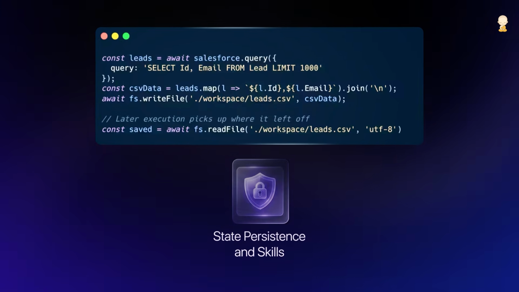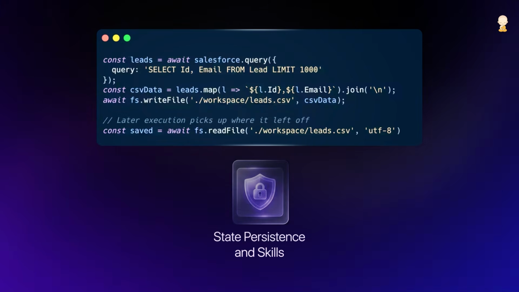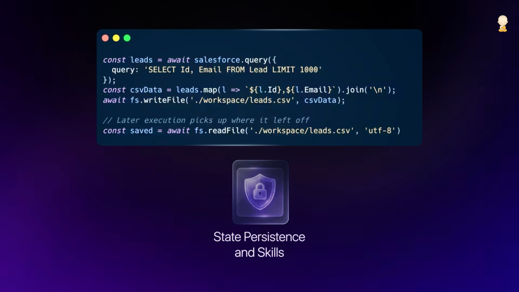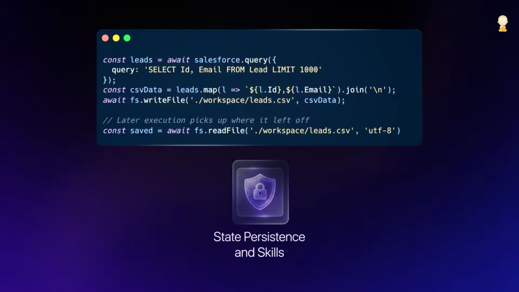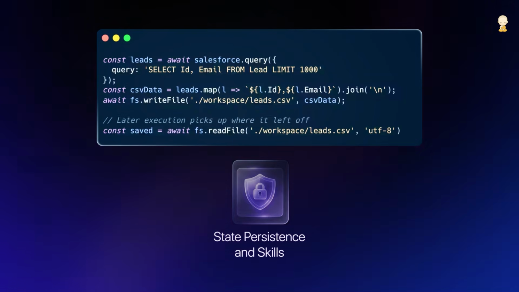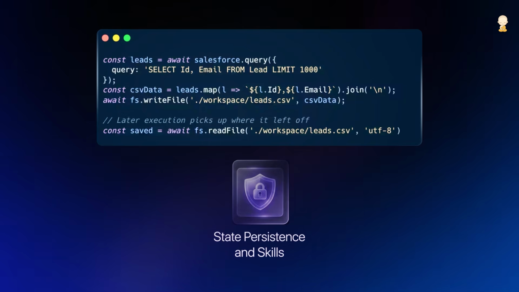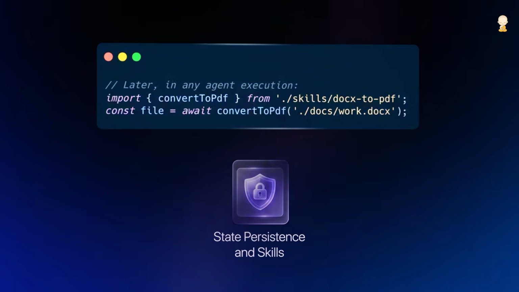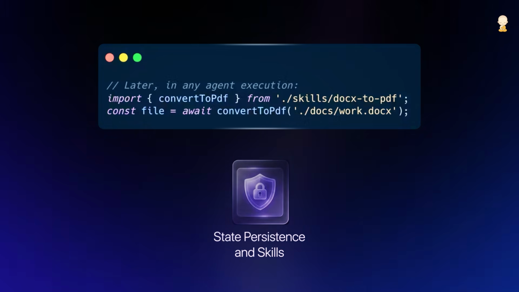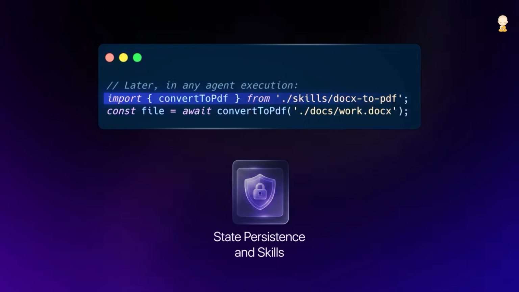You also have state persistence and skills. Now that the LLM can write to a file system, that gives it freedom to create its own to-do list and save progress state, so it can do long, complex running tasks. And we have discussed what skills are, where all of this code can be reused and defined as a particular skill that the agent can use in future as well.